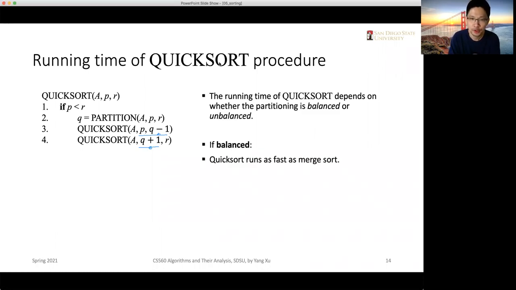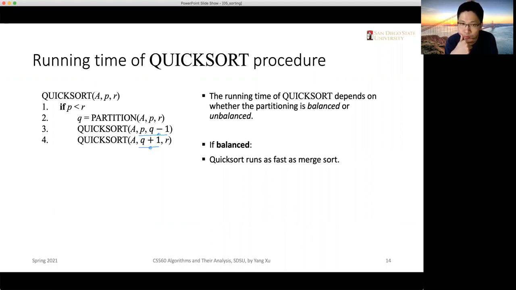That means when we discuss the running time for quicksort, the performance depends on the output from the partitioning procedure. We use the words balanced versus unbalanced to describe the output of the partition.